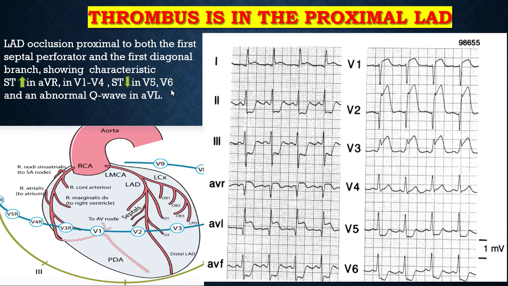ST depression in V5, V6 and abnormal Q wave in AVL. You can see that there is ST depression in the lateral leads V5 and V6 and abnormal Q wave in AVL. Here you can see that this is the abnormal Q wave in the AVL.